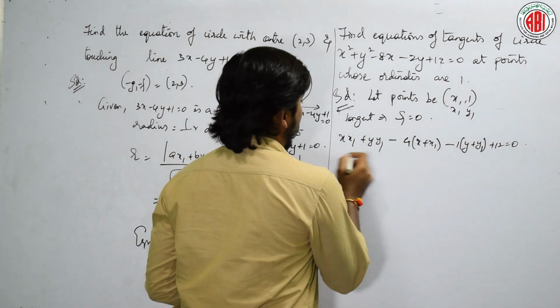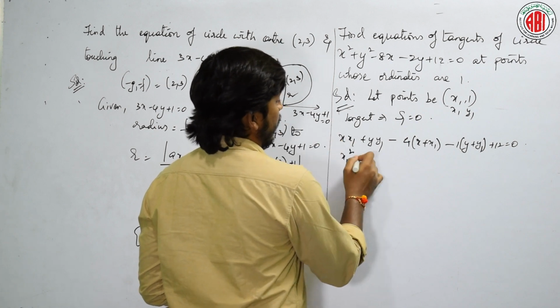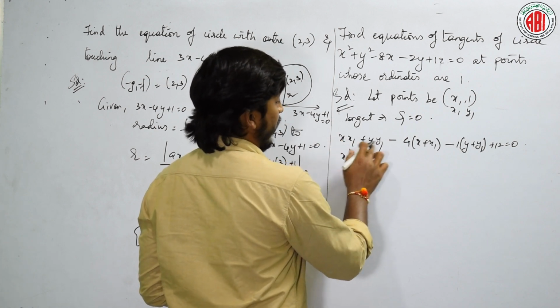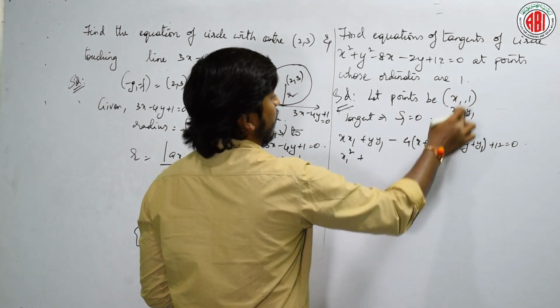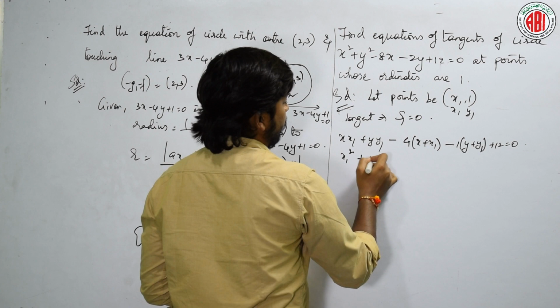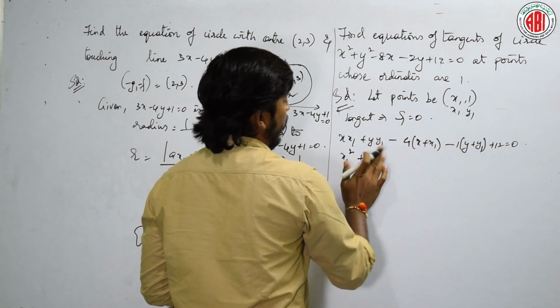Then we get x1 square, x1 into x1, and here y into y1. What is y? Tell me. y is nothing but y1. So this will be y1 into y1, right?